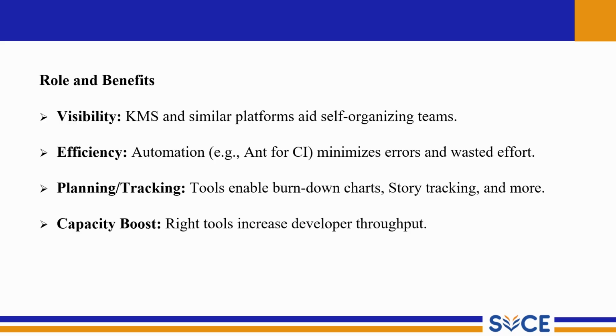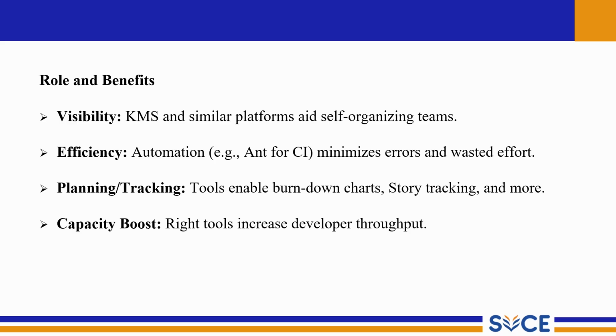Role and benefit. Visibility: Kanban and similar platforms aid self-organizing team efficiency. Automation, for example CI, minimizes errors and wasted effort. Planning or tracking tools enable burn down charts, story tracking, and more.